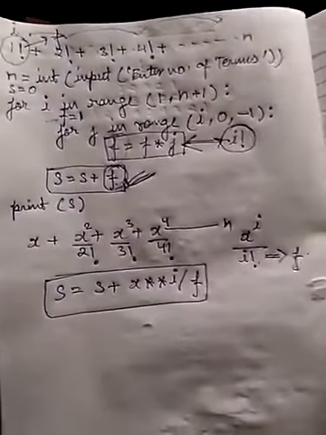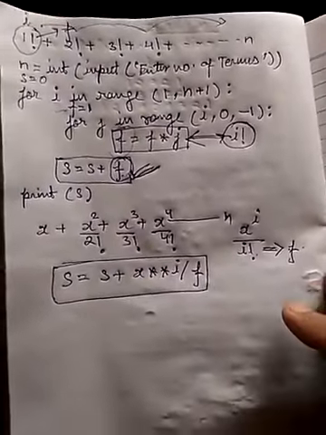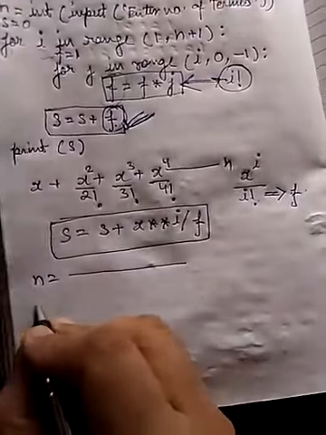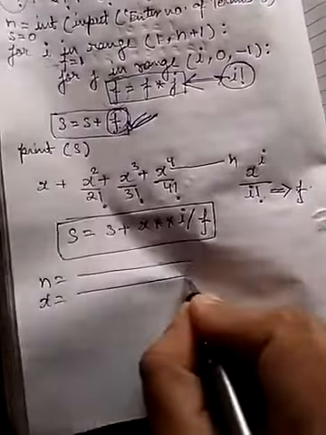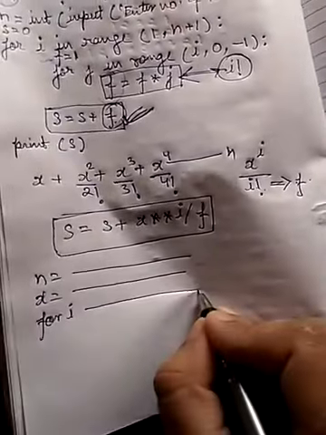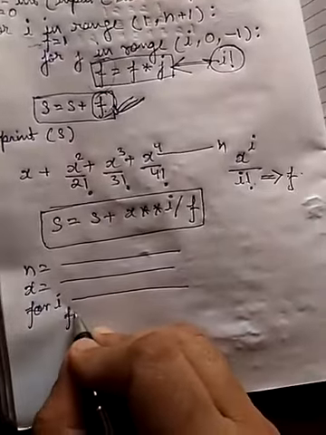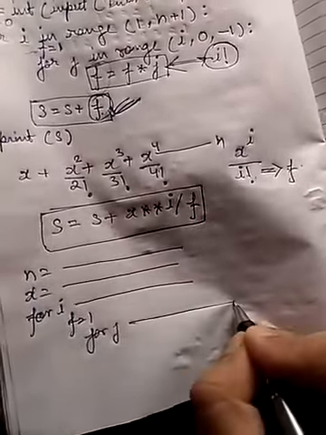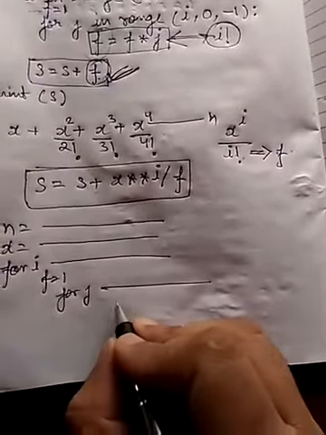and the rest of the part will be same. Means first you need to read the value of n, read the value of x, then for I in this loop, factorial starting value 1, for j again a loop.